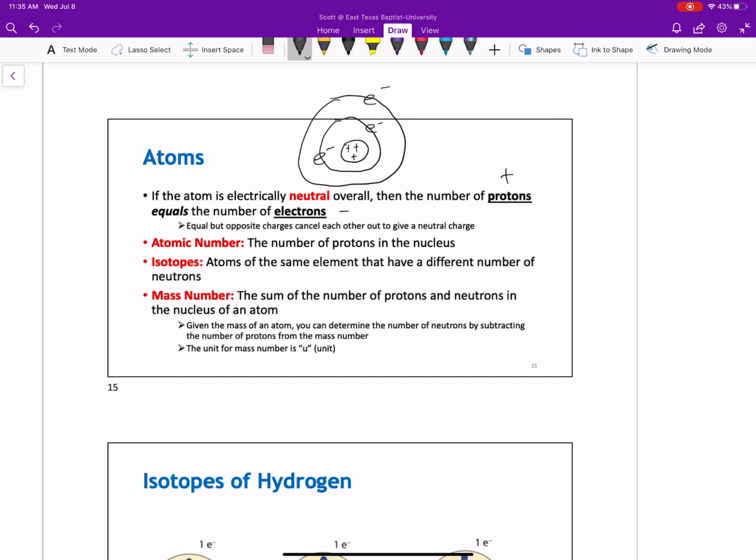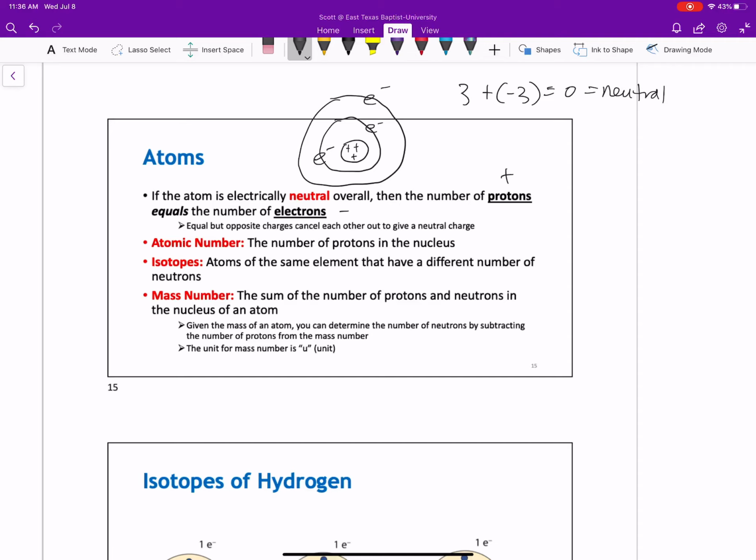So 3 minuses and 3 positives gives you an overall neutral. 3 plus negative 3 equals 0 equals neutral. So you have a neutral atom whenever the number of protons equals the number of electrons.